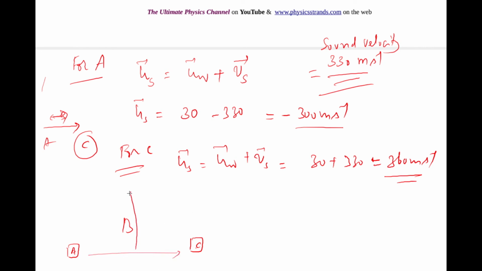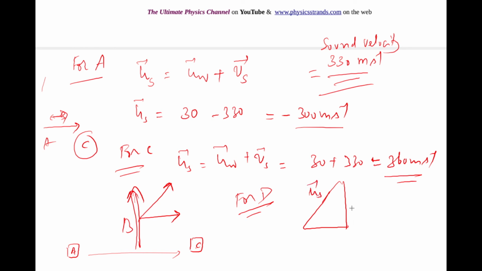What about D, who is just on top? D is straight up and the wind is going in this direction, so there is a component in this particular direction. So we can draw a triangle of this kind. Say that our Us is in this direction.